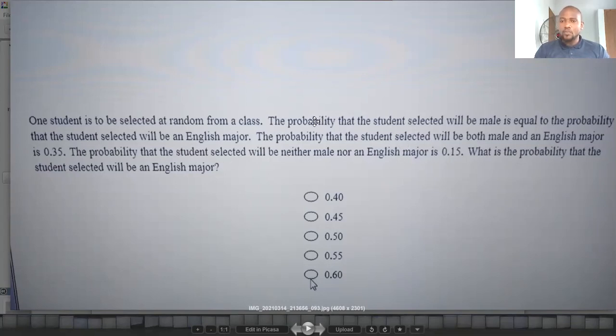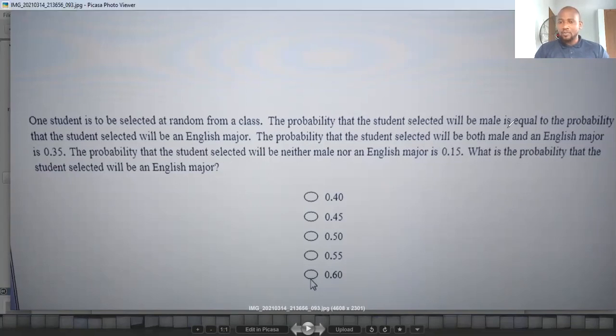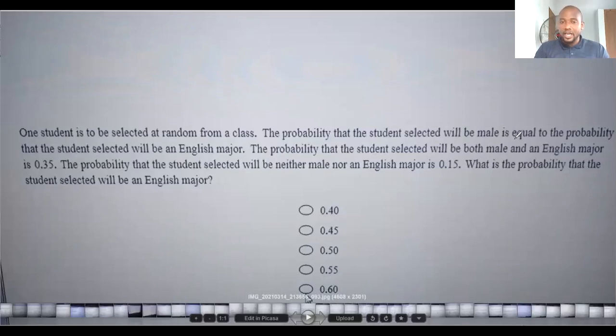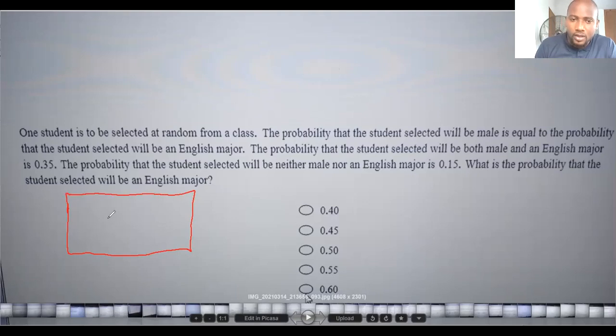Now, the word probability makes you feel you're doing probability. Yes, in as much as there are some aspects of probability needed, what you're simply doing here is overlapping sets. So if I quickly draw my set box looking something like this, we have English major and we have males.